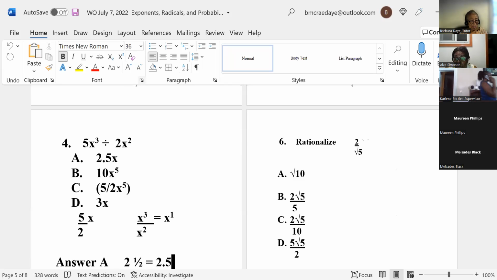But that's what it says up here: 5x to the third divided by 2x to the second. So you take your coefficients and divide them. That's 5 halves, which gives you 2.5. And then you take your x to the third divided by x to the second, get x to the 1, put them together, you got 2.5x.